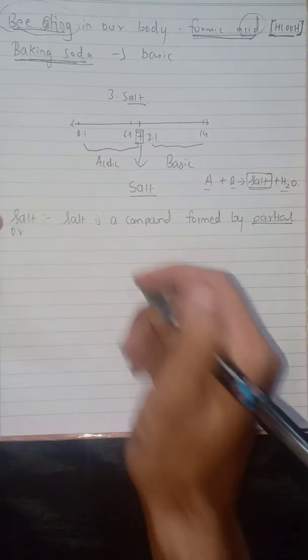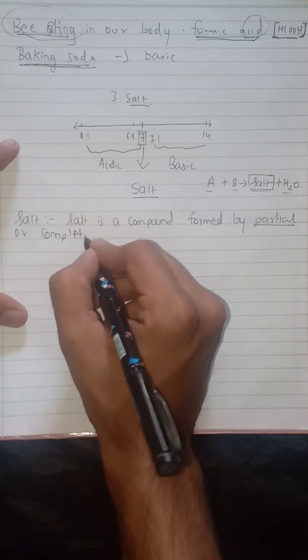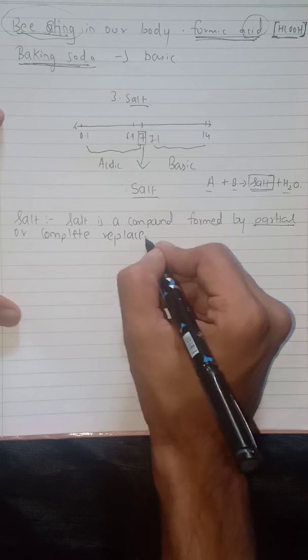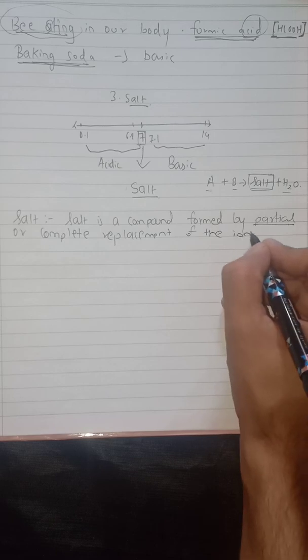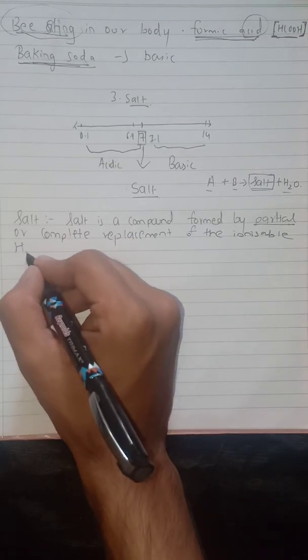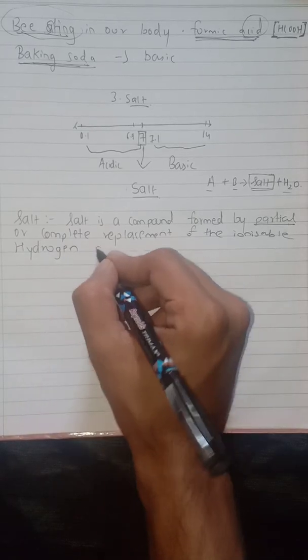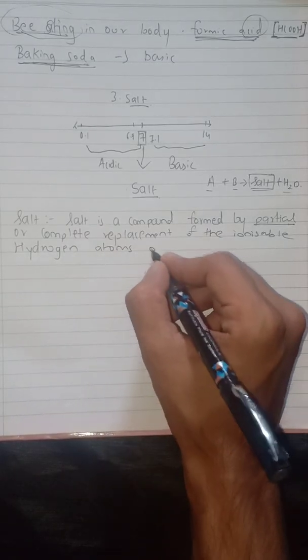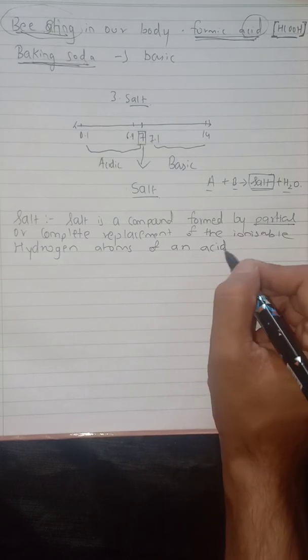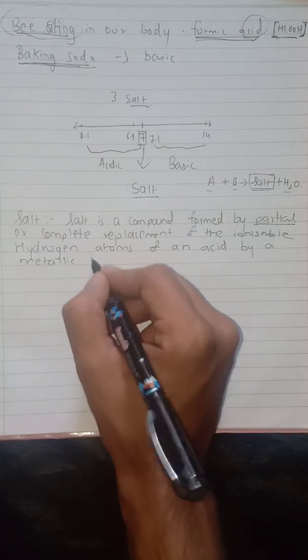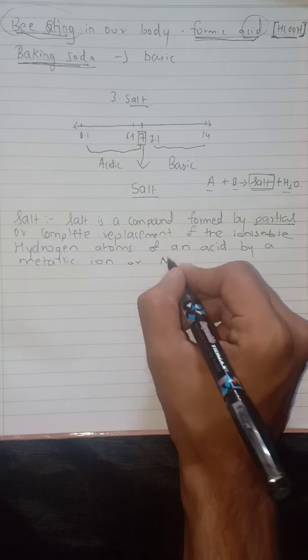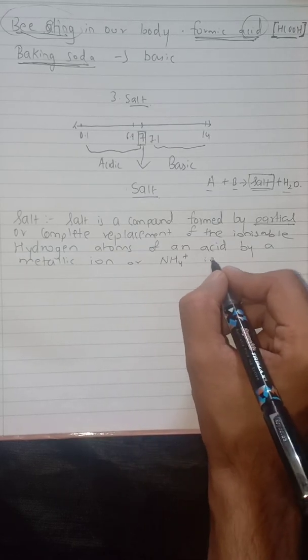I would underline the words partial or complete replacement of the ionizable hydrogen atom of an acid by a metallic ion or ammonium ion. You just have to write the spelling, not the formula.